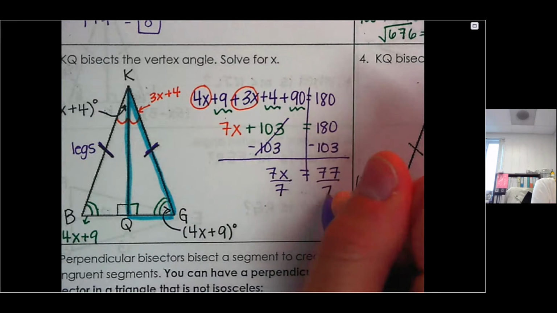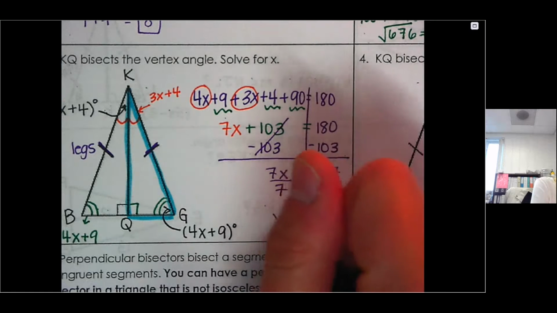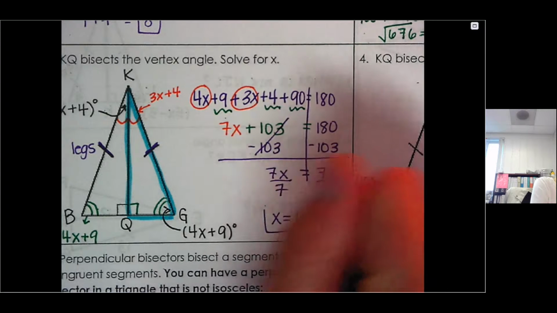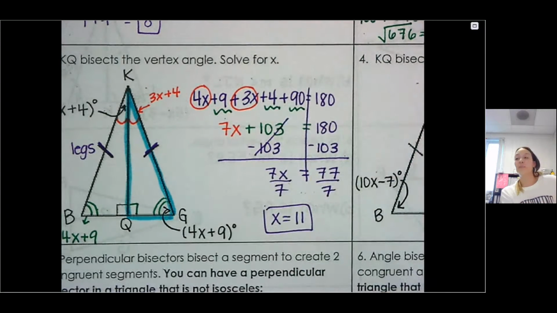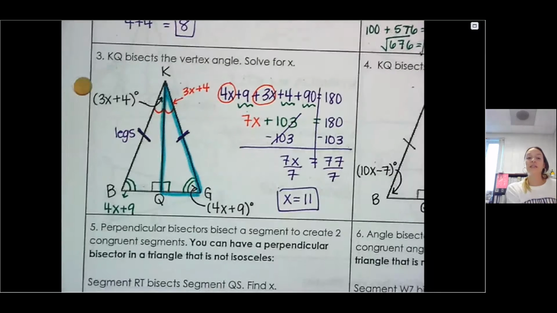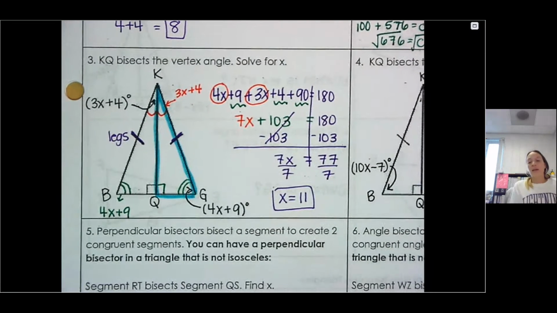What do you get for your x value? 11. X equals 11. Fantastic. So look, once you mark everything in the picture, it becomes a lot easier to try to solve the problem. And then as we go to solve problems, we look at just one of the smaller triangles instead of trying to look at the whole big triangle, because otherwise we'd get really confused.